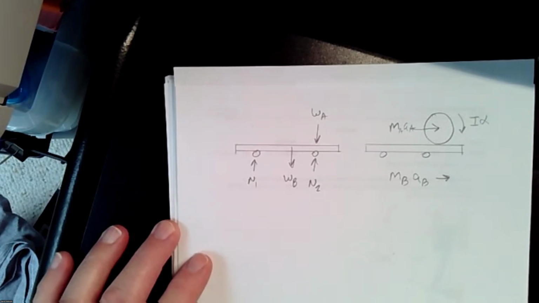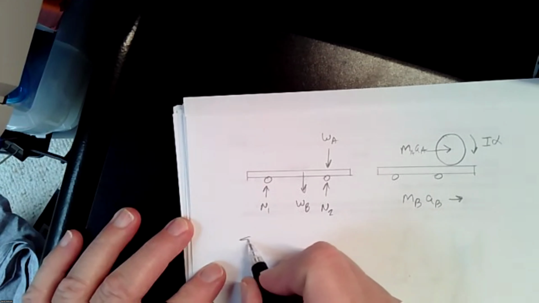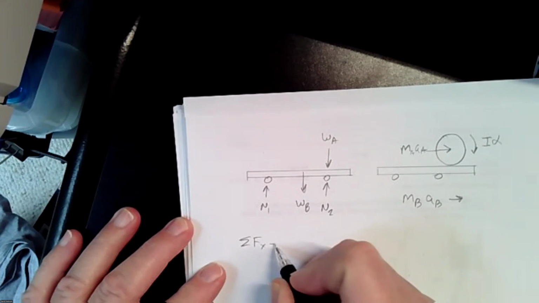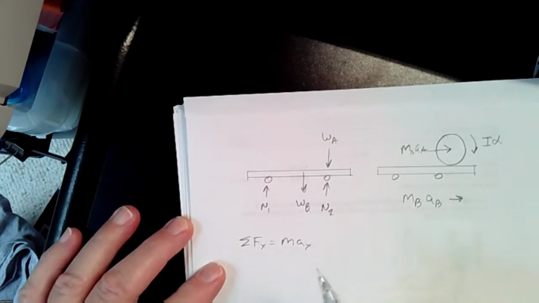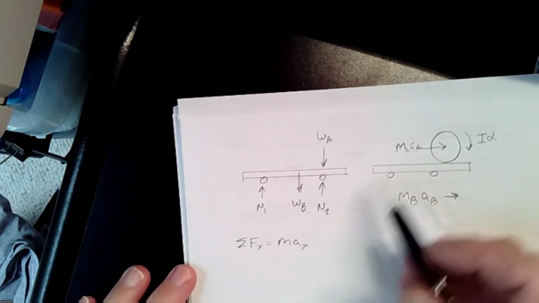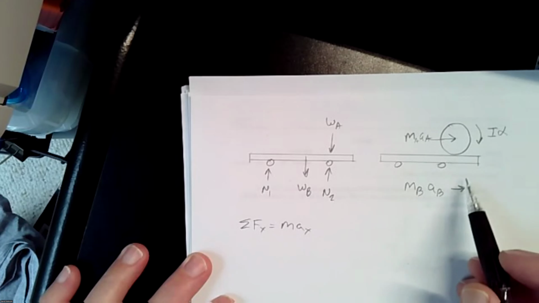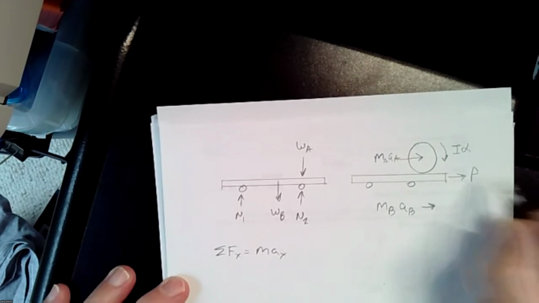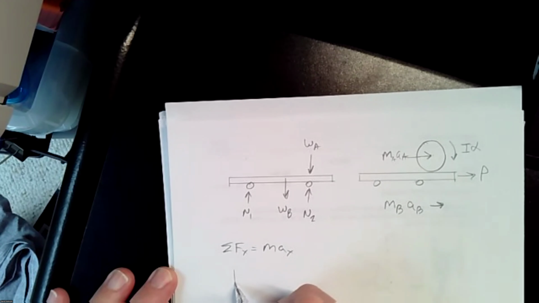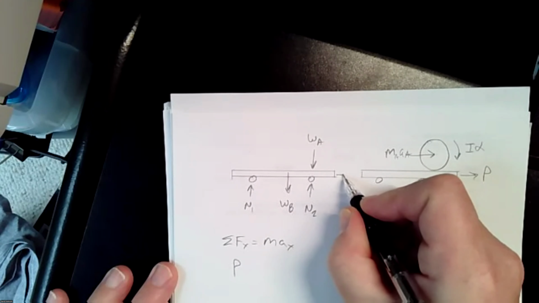So what are we going to do? First thing, let's sum the forces in the X direction equal to m a_x, for this whole thing. What's that going to look like? Well, the only force is P. Actually, P belonged over here.